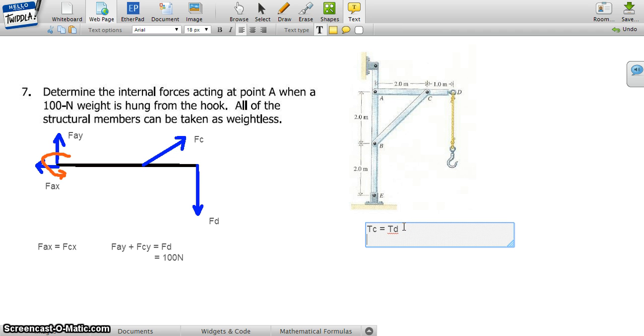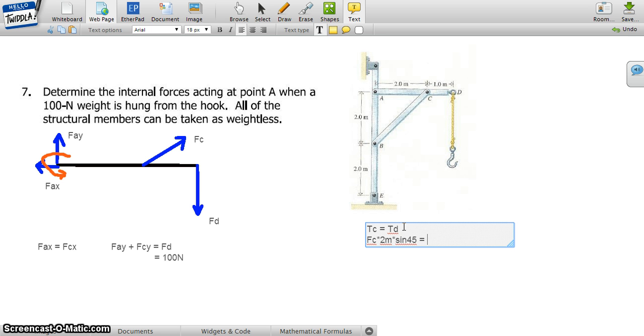So now the torque at C would be equal to the force at C times the distance, which would be 2 meters, times the sine of the angle. That's a 2 by 2 triangle, so that must be 45 degrees. So times sine of 45.